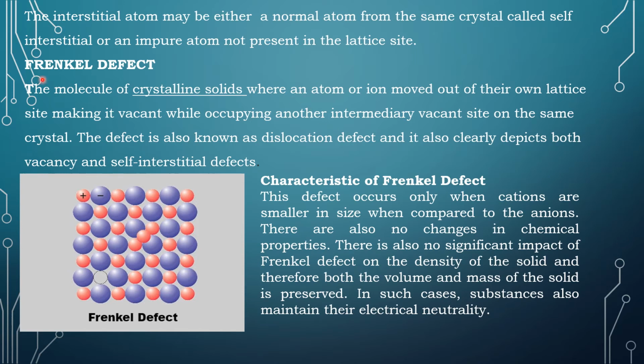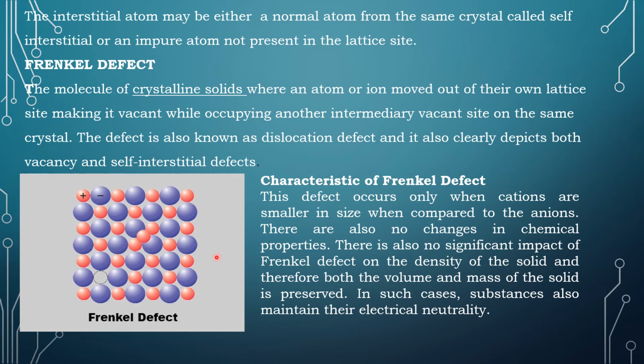Now based on this, let us move on to Frenkel defect. Now here, in the molecules of a crystalline solid, an atom or an ion is moved out of its own site, making a vacancy, while occupying another intermediary vacant site in the same crystal.